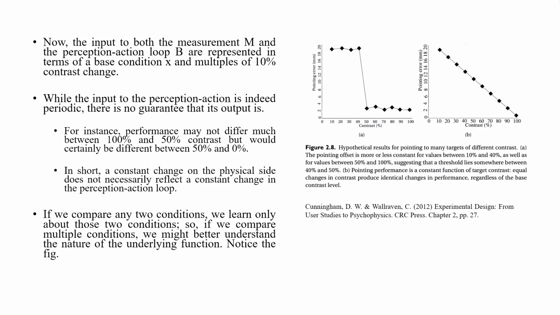If you have sampled well enough, just like in this example, there is contrast percent, with the pointing error on the y axis and contrast changes on the x axis. There could either be a very drastic step difference between 40 to 50%, or it could be all just in linear terms, 10 to 20 the same change, 20 to 30 the same change, 30 to 40 the same change, and so on.